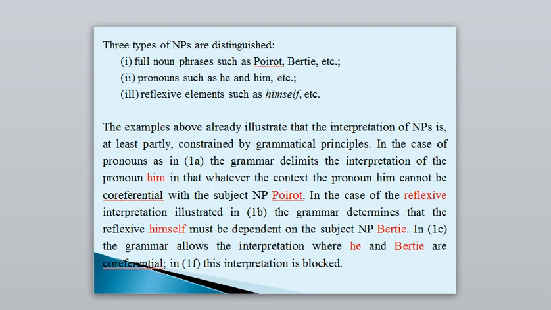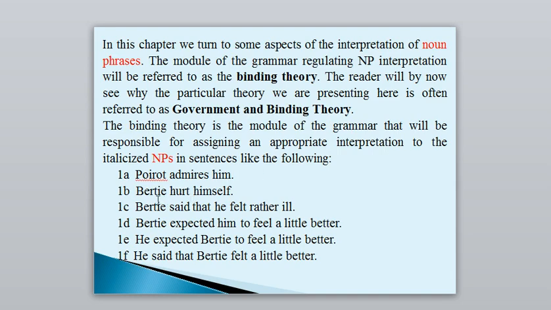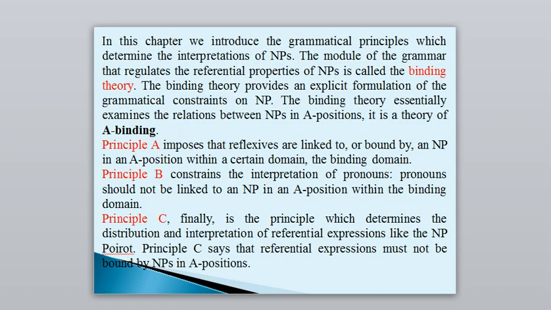See the example 1b, Bertie hurt himself. This is a reflexive pronoun. It should refer to the subject. So this is principle A of the binding theory. Principle B constrains the interpretation of pronouns like he or him. Pronouns should not be linked to an NP in an A position within the binding domain.